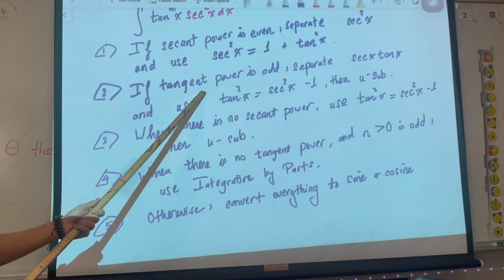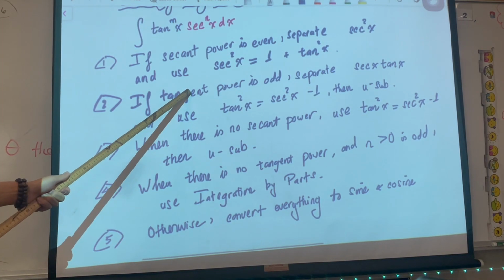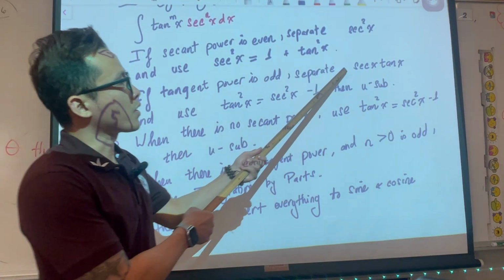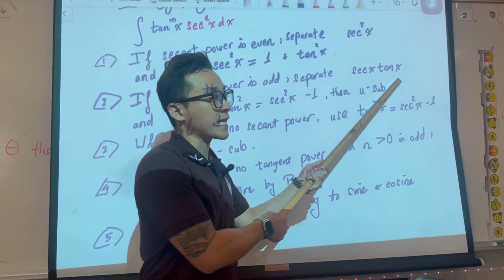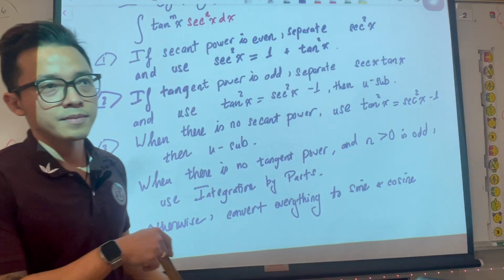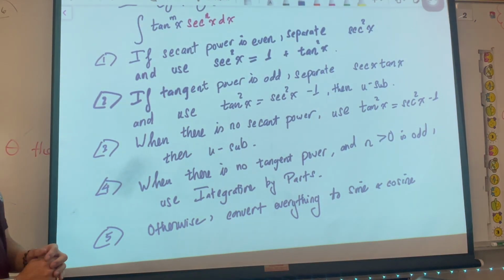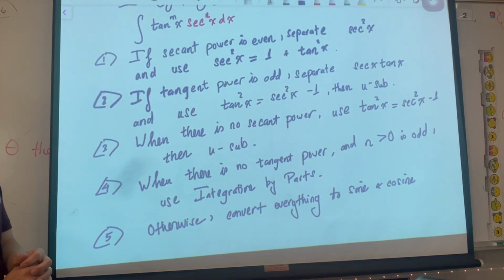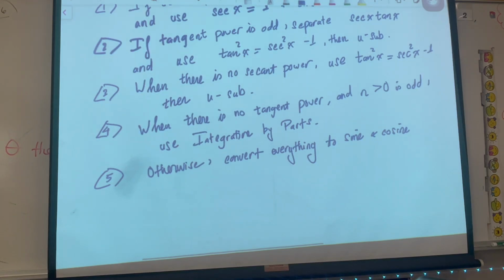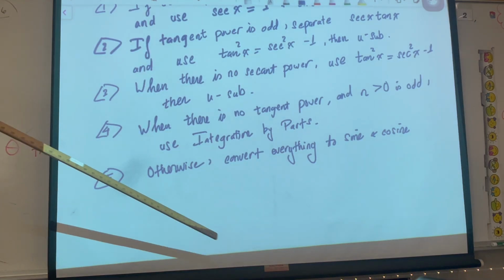If the tangent power is odd, what are you gonna do? We separate it. You're gonna save secant and tangent. Why? Because we'll still have a square, and since we break one down, we'll have one odd.